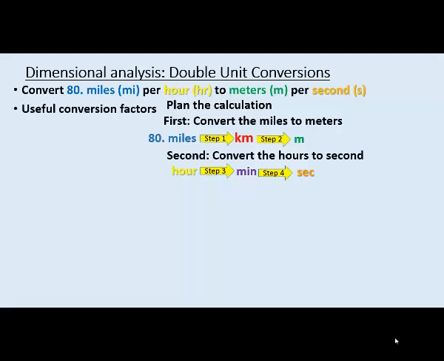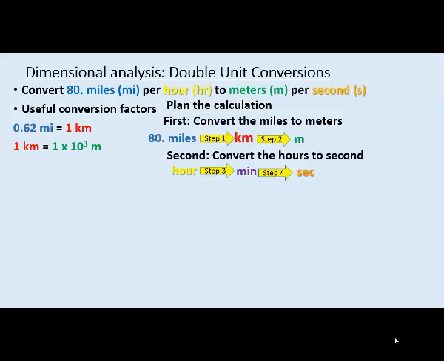Now, the conversion factor we're using here is I need to recognize that there's 0.62 miles for every 1 kilometer. So there's my conversion factor for step 1. I'm not going to write it under step 1 for this example because you've seen that several times, but feel free to do that if you want to print out these PowerPoint slides and keep track of it.